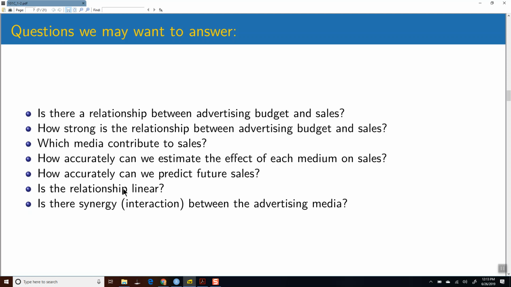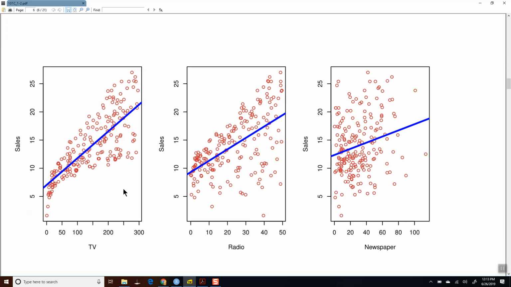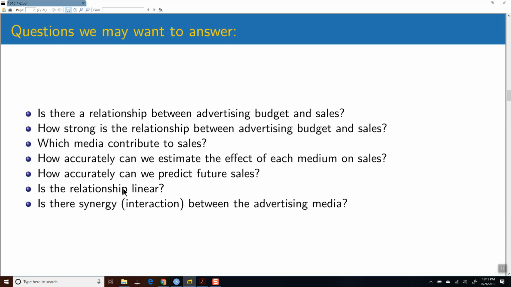How strong is that relationship? Which of these media, TV, radio, and newspaper, contribute to the sales? How accurately can we estimate these effects, or can we predict future sales? And is there an interaction or synergy between the advertising media? These are questions that we might be interested in.